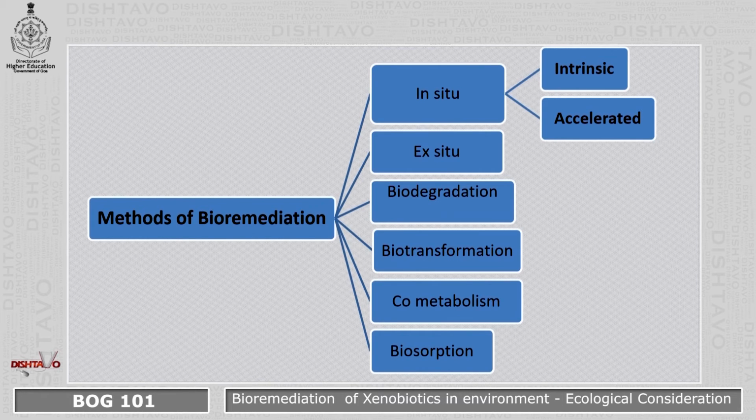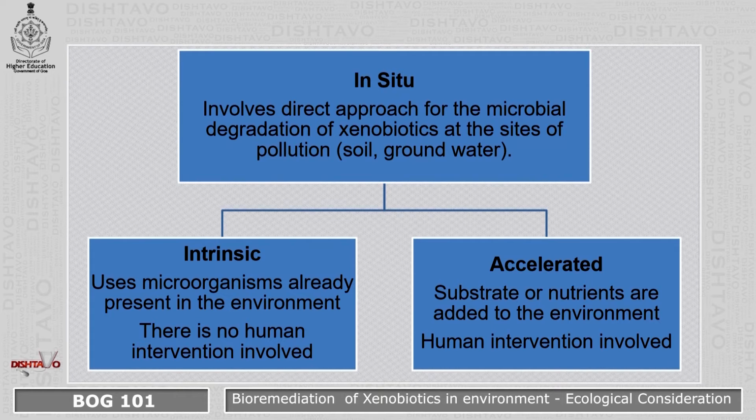There are 6 methods of bioremediation: in situ method, ex situ method, biodegradation, biotransformation, co-metabolism and bioabsorption. In situ method is further divided into 2 methods, that is intrinsic method and accelerated method. The in situ method involves direct approach of the microbial degradation of xenobiotics at the site of pollution.